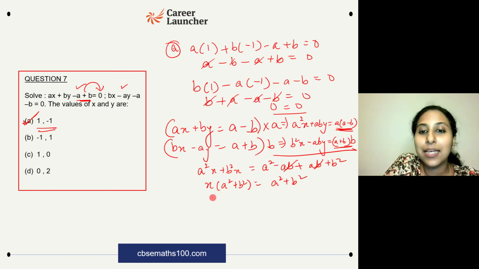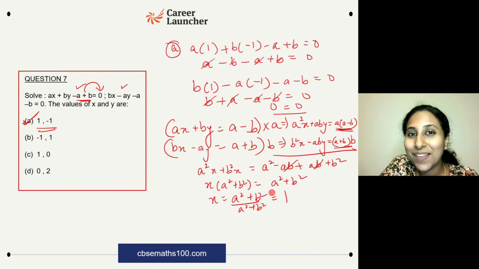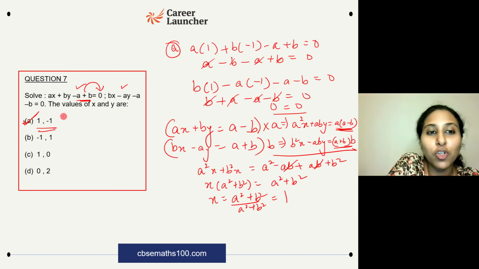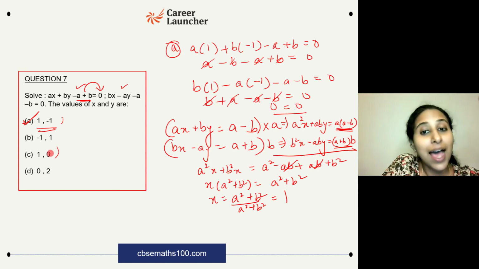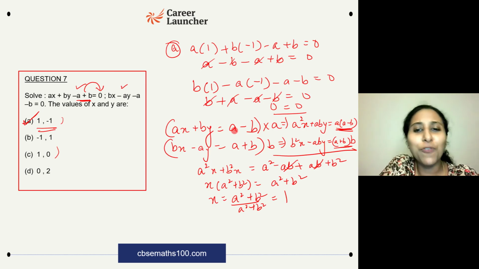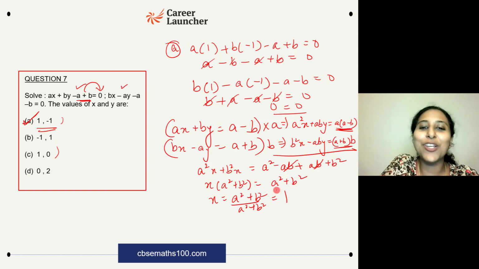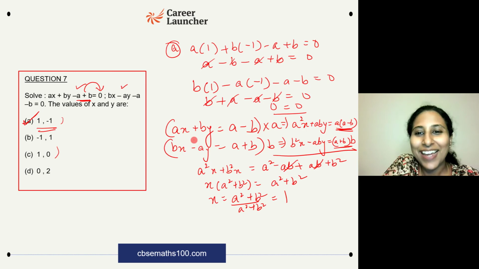And this means that x must be equal to a square plus b square divided by a square plus b square, or 1. So the x value should be 1. The answer choice in that case should have been this or this. And then you would find the value of y. How would you find the value of y? Substitute this value of x into any one equation. Let's say I'm substituting into this first equation.